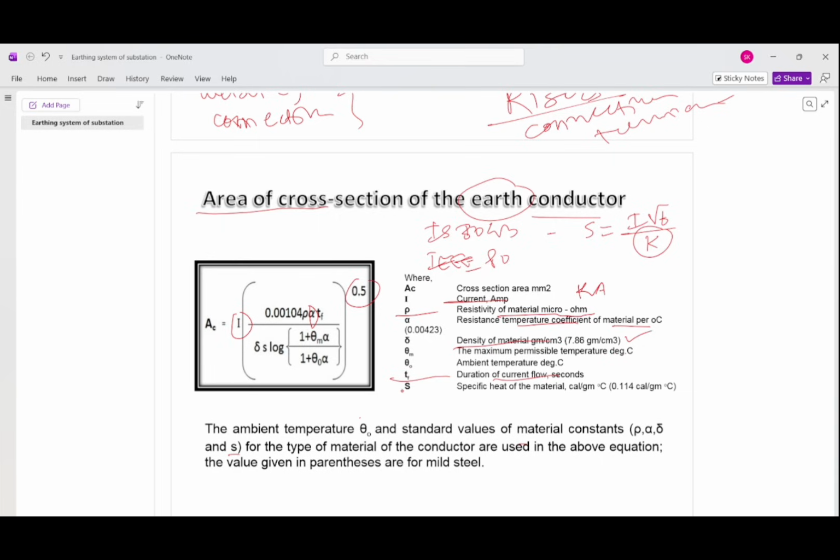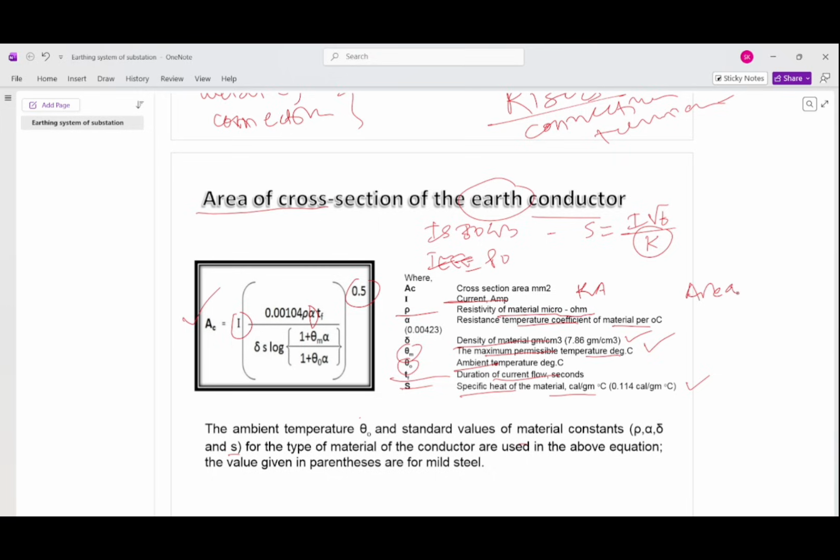S is the volumetric heat capacity, the specific heat of the material, meaning how much heat the material can withstand without melting. Then there are the final and initial temperatures: theta 0 is the ambient temperature, theta m is the maximum permissible temperature, the final temperature. So these are the parameters required to calculate the area of cross section.